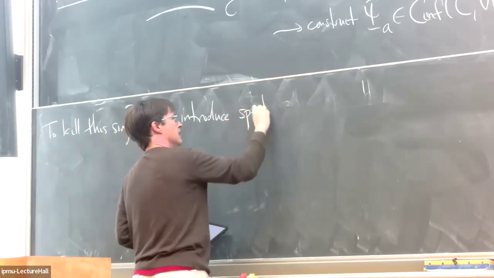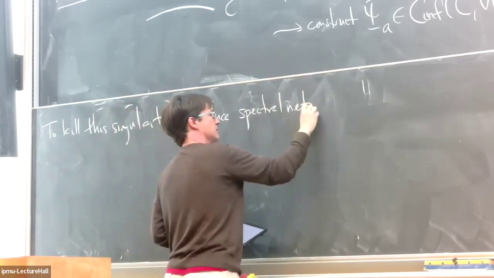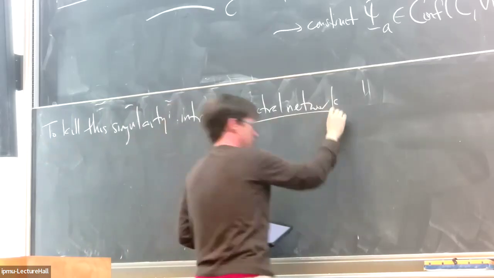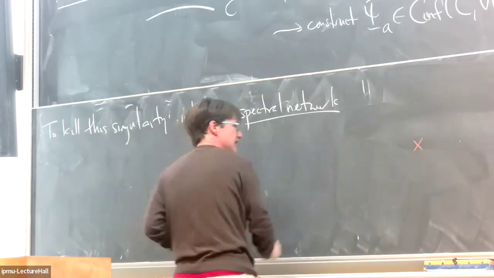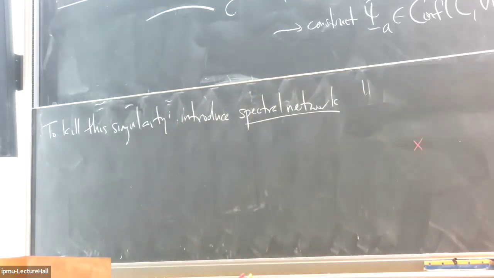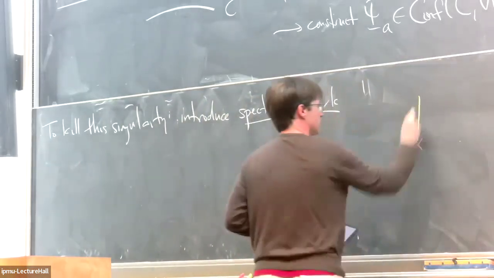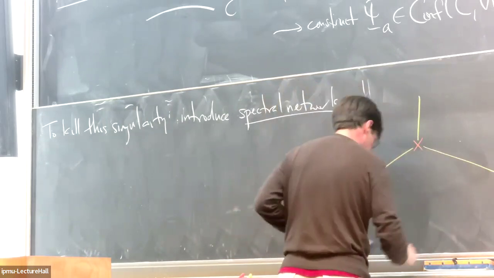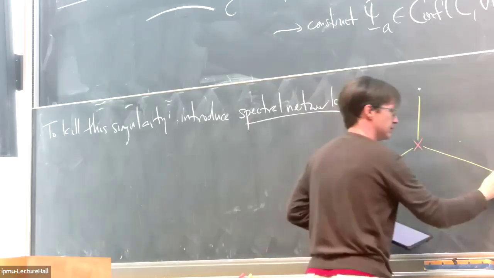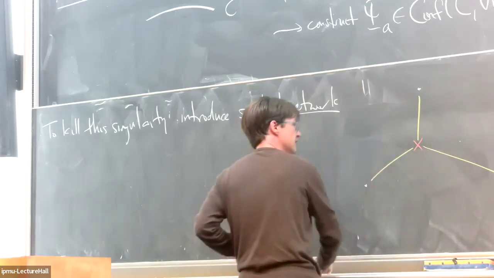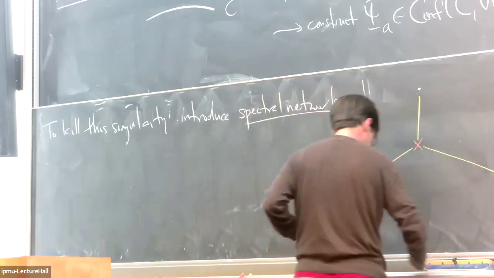You introduce a spectral network. But pragmatically, we're talking about SL2. What a spectral network means is just emerging from every one of these branch points, we draw a kind of tripod, 3 lines like this, that start at the branch point and end up at the punctures. So we'll have a picture like this.